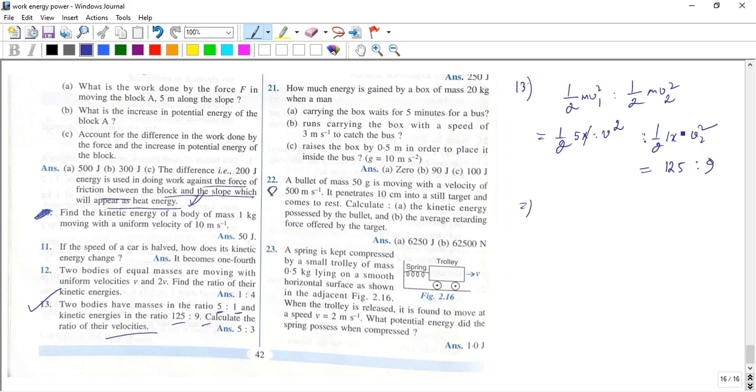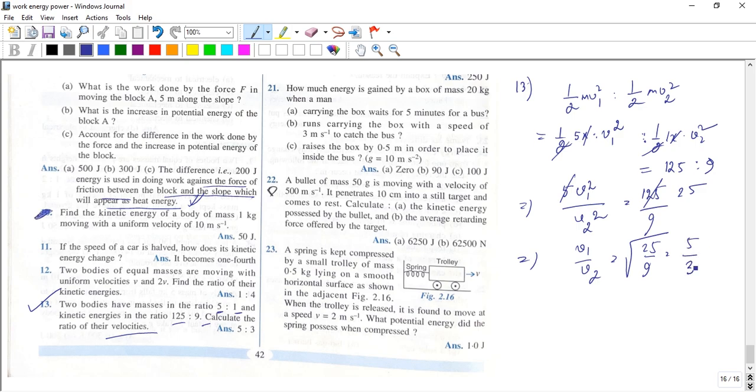Cancel x, cancel 2. So 5 v1 square by v2 square we get 125. So cancel these, we get 25. Now v1 by v2 is the square root of 25 by 9, we get 5 ratio 3. Very easy numerical.